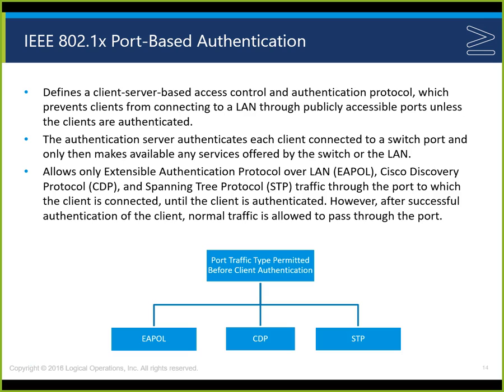So it defines a client-based access control which prevents clients from connecting to the LAN through publicly accessible ports unless the clients are authenticated. So this is one I told you about. People would come in and plug in their laptops, and then we did port security, and that cured that problem. But we could also have done that.